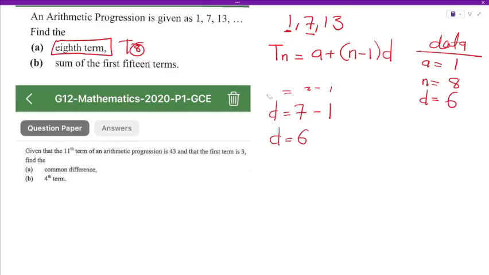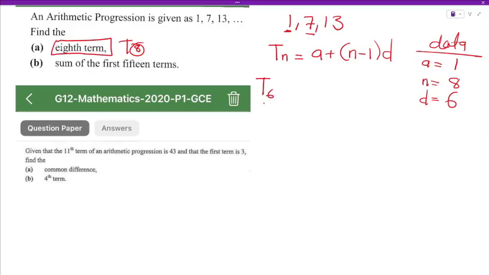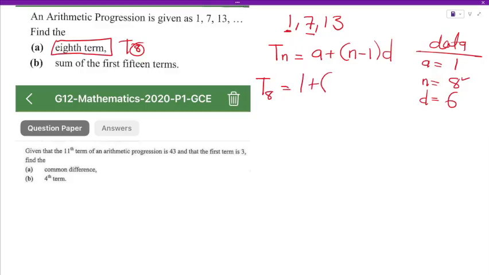At this point, we now plug in those values and solve. So we're going to say T8. Remember our n is 8. T8 is equal to, our n is 8, A is 1 plus, what is n? 8 minus 1 close. And then what is our d? 6. When it is a positive, it can stay out in the open.